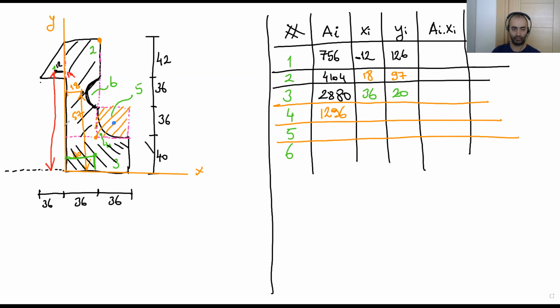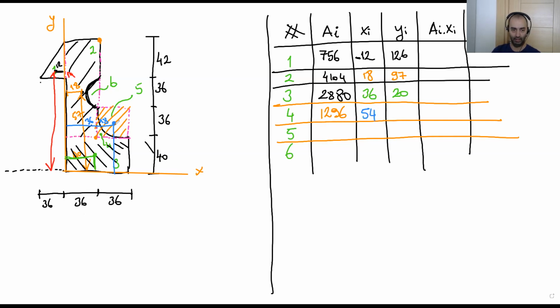Totally, let me see. We need this and this. 36 here and 18 here. Totally it's 54.